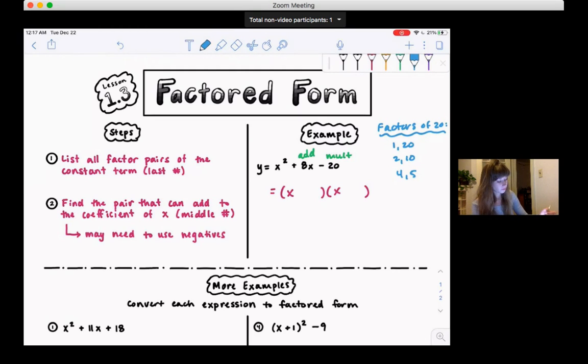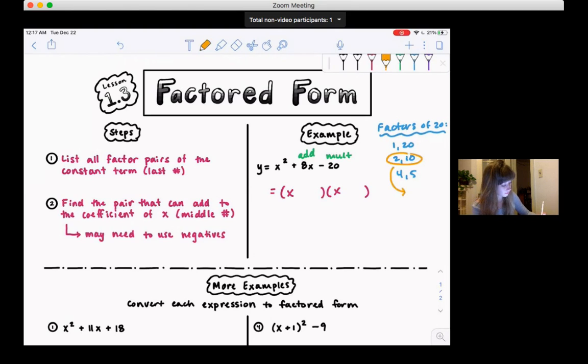Okay, so now we're looking for a pair. We're going to find the pair that can add to the coefficient of x, which is this middle number, the 8 there. And keep in mind that we may need to use negatives. So 1 and 20, I can't make 8 out of 1 and 20. But 2 and 10 can make 8.